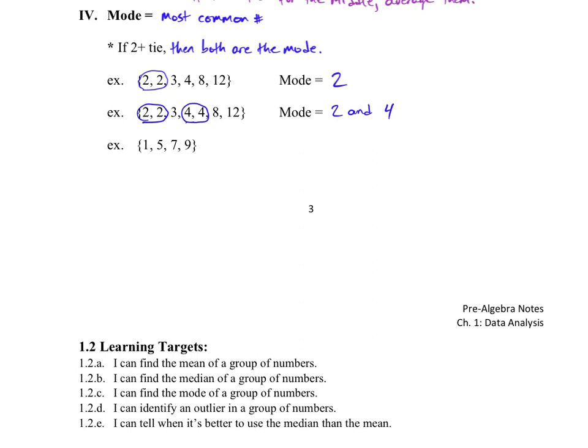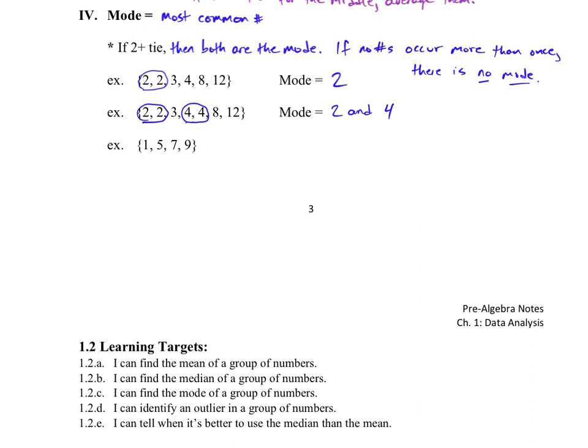So I should add up here, if no numbers occur more than once, there is no mode. If you have a bunch that tie, they're all in there twice, or they're all in there 3 times, those numbers would be the mode. But if everyone's just listed once, no mode at all.